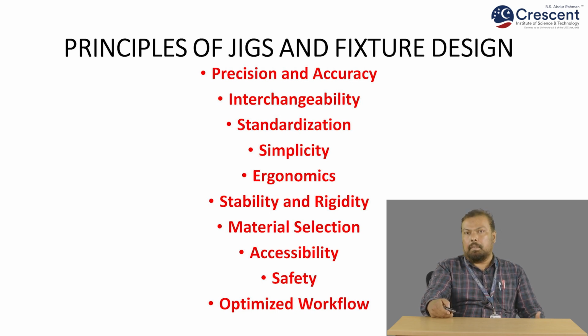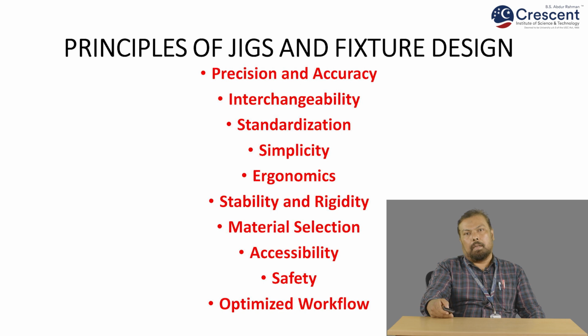Standardization, of course, standardize the components and design features to minimize complexity and facilitate maintenance. Common components can also be more readily available and cost effective. Now coming to the simplicity part, keep the design as simple as possible. Complexity can lead to increased cost, longer setup times, and more opportunities for errors.